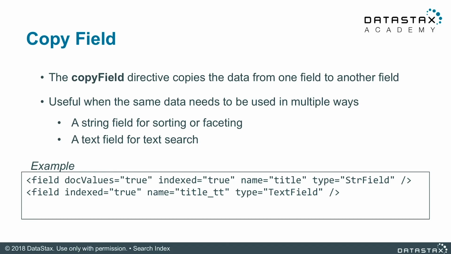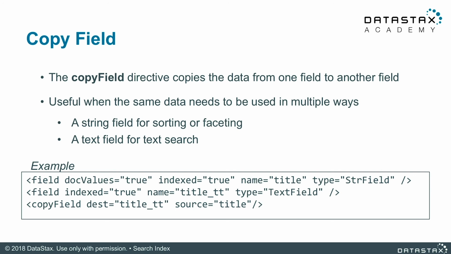The field type to title_tt is not displayed, and could include an analyzer to apply sounds like, stemming, synonyms, whatever. It is the last line in this example where we see that the DSE table column title is sourced to populate via copy field title_tt.